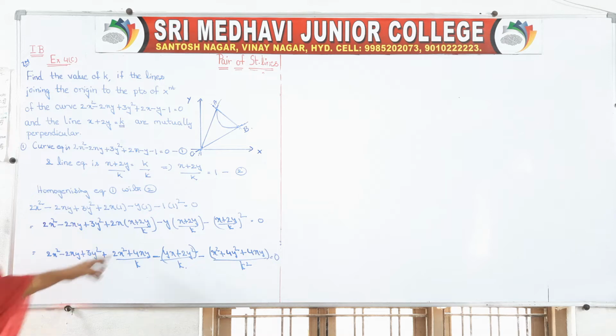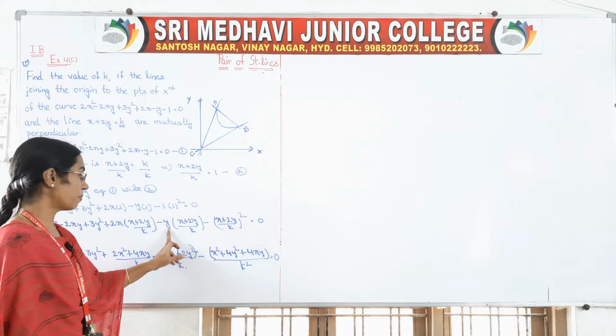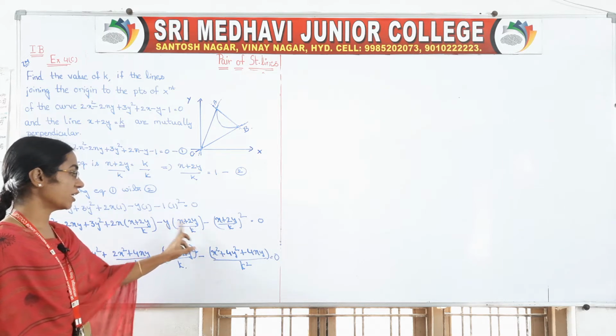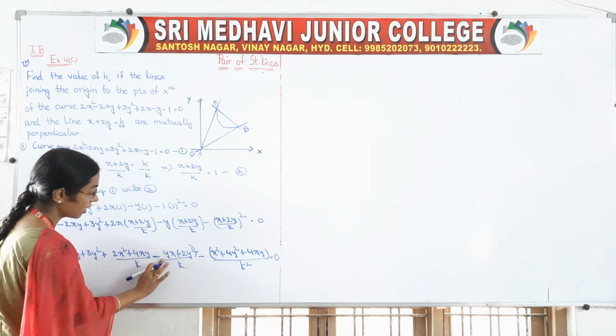The minus is taken outside; I just multiplied y into x and y into 2y.